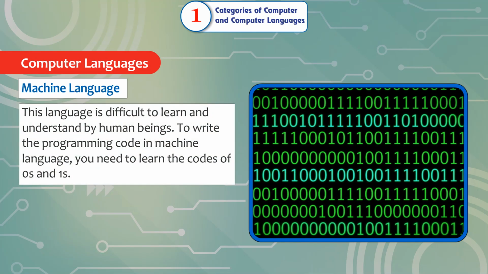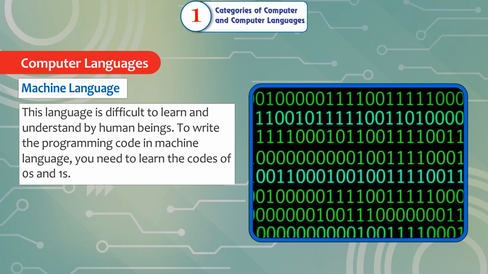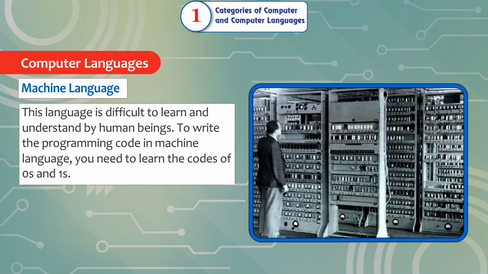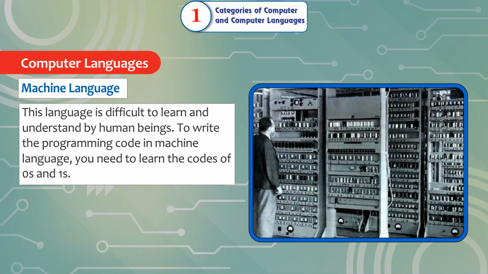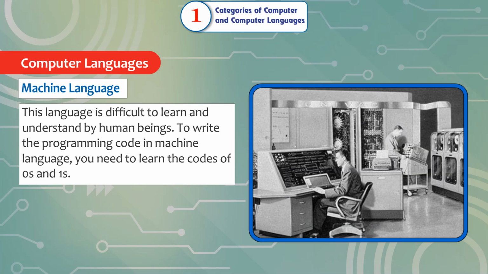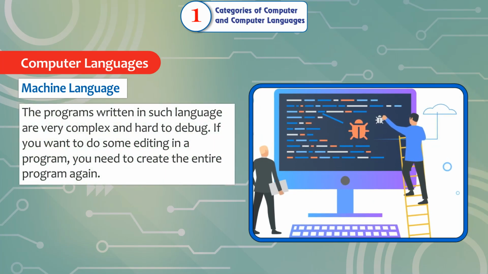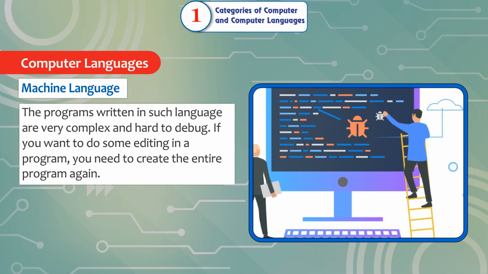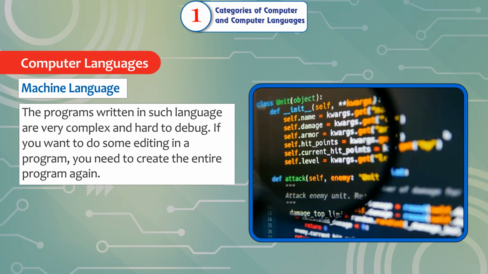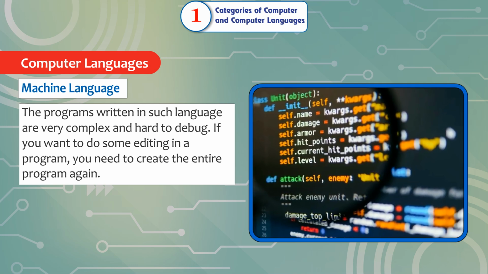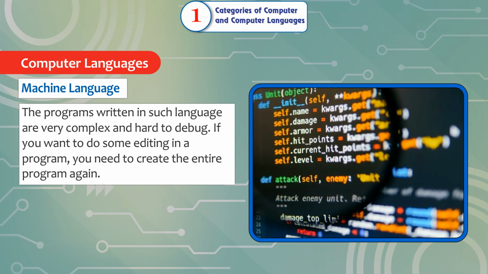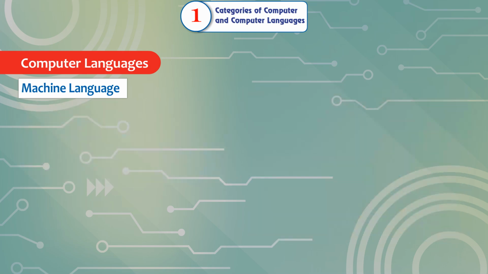This language is difficult to learn and understand by human beings. To write the programming code in machine language, you need to learn the codes of 0s and 1s. The programs written in such language are very complex and hard to debug. If you want to do some editing in a program, you need to create the entire program again.